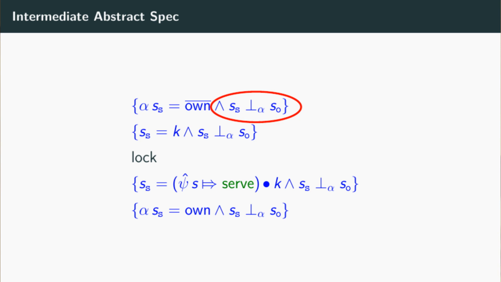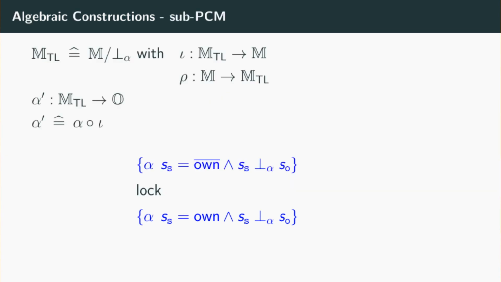This specification we have now is abstract, but we can still do better and get a more compact specification. To obtain the ultimately desired compact spec, our algebraic approach provides the sub-PCM construction. The construction quotients the PCM M by relation bottom alpha to obtain a sub-PCM MTL.